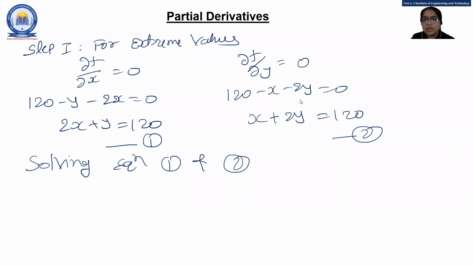Krupen, what is the answer of x and y? 40? 40, okay. 40 for what, x or y? Krupen, 40 is the answer for what, x or y? Yes, Ishika.